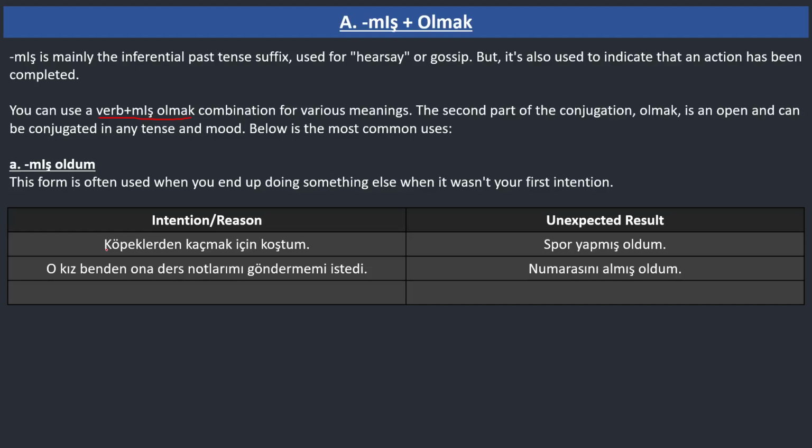I ended up running when it was not in my plans. So koşmuş oldum, yapmış oldum. Köpeklerden kaçmış oldum, but that means it's something completely different. Kaçmak, koşmuş, no, that's not correct. You only have one verb, and then mış, and then olmak, oldum.